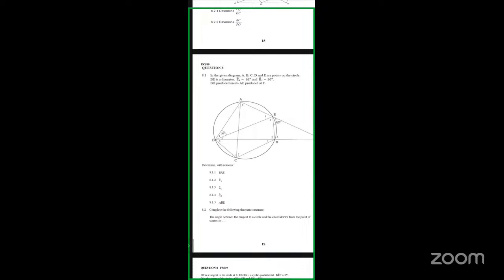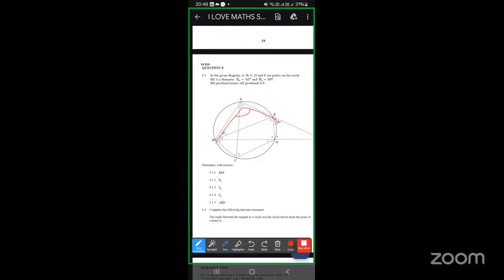Then moving to 8.1.2. We have the question that requires us to calculate the size of angle E1. E1 is that one right there, this one. Anyone with an idea of how we can get that angle E1, guys?